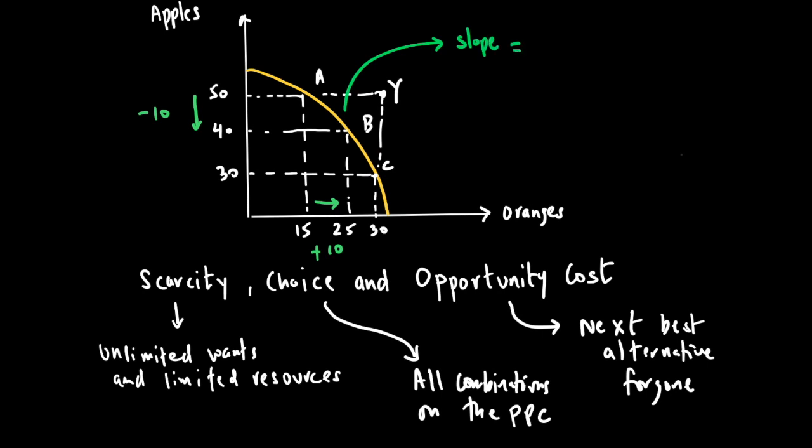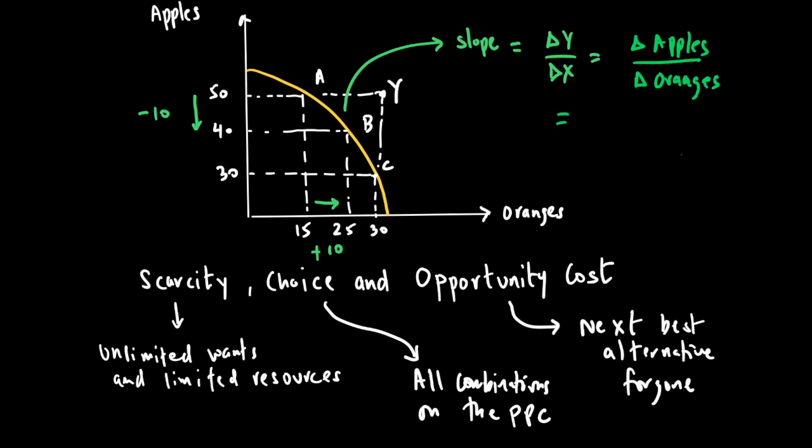Why? Because slope by definition is your change in y over change in x, which in this case would be change in how much do I lose of apples, change in apples, because apples is on my y-axis. So change in apples over change in oranges in our case, because that's how our y and x-axis are.